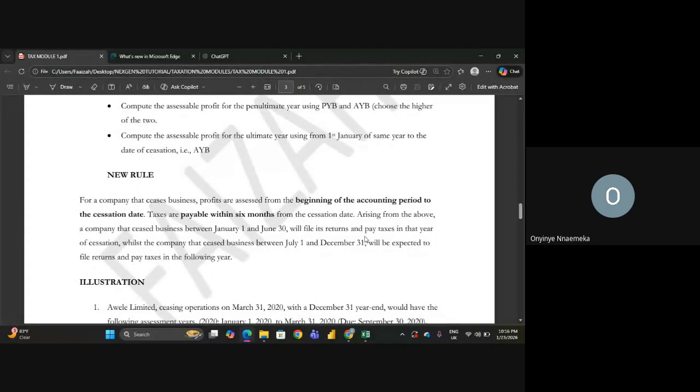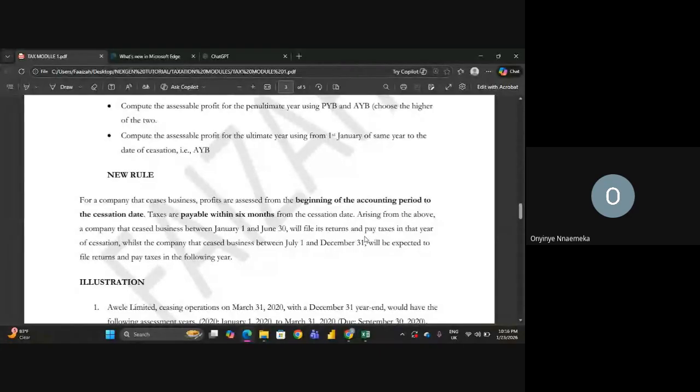So the rule now says that for a company that ceases business, profits are assessed from the beginning of the accounting period to the cessation date. That is the basis period. Remember that this company was previously an existing company, which is PYB that we would use to assess them.